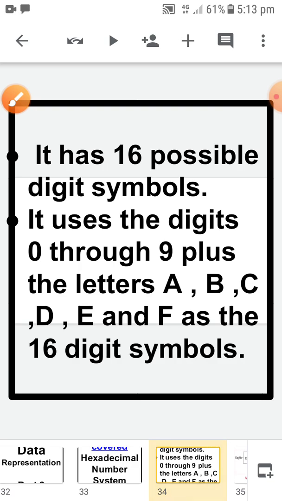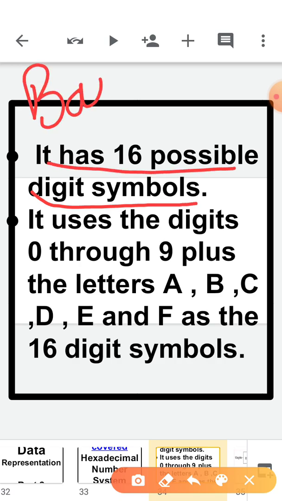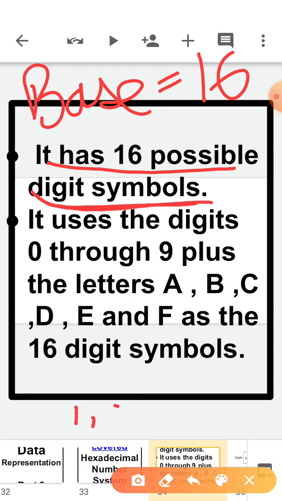Now it has 16 possible digit symbols. That is why we are using base as 16, because in this we are having 16 digit symbols. Like in binary we are having 1 and 0, that is why we are using 2 as a base.